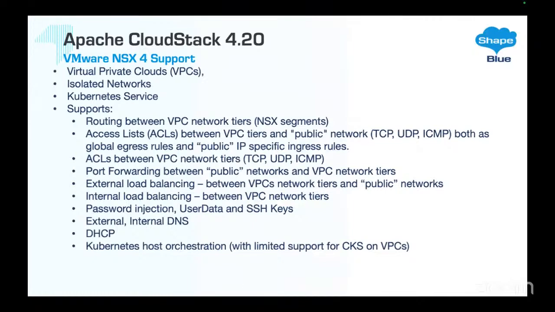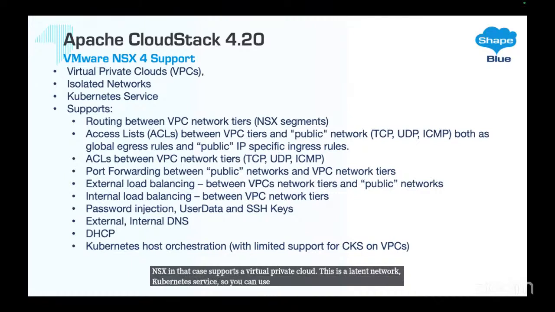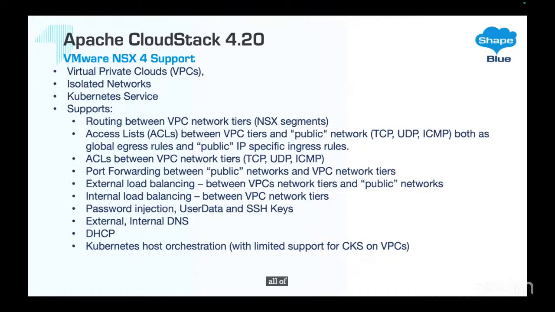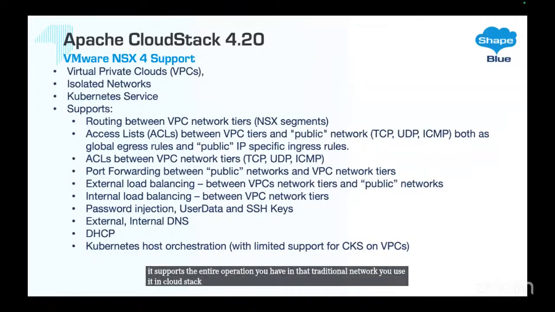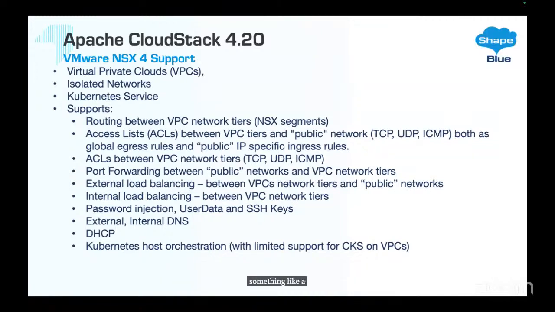NSX in that case supports virtual private cloud, isolated network, and Kubernetes service, so you can use all of these resources with NSX. It supports the entire set of operations you have in the traditional network used in CloudStack, something like routing between VPC tiers, for example.